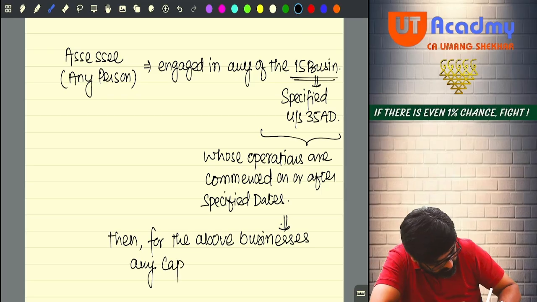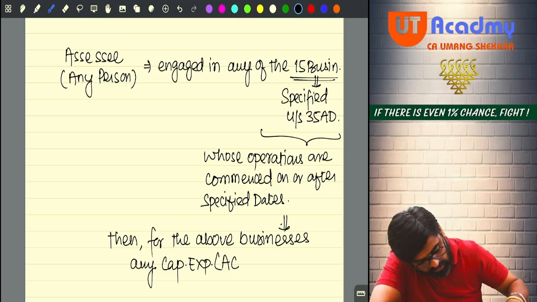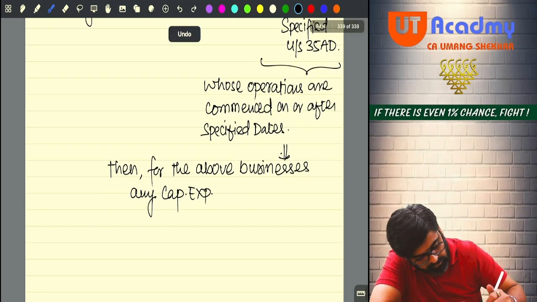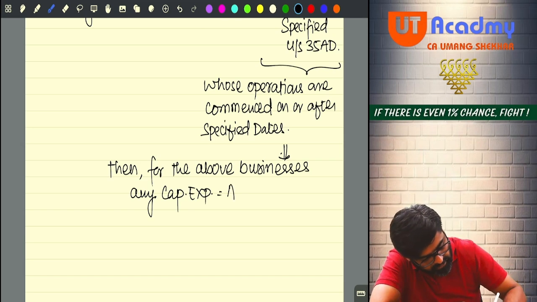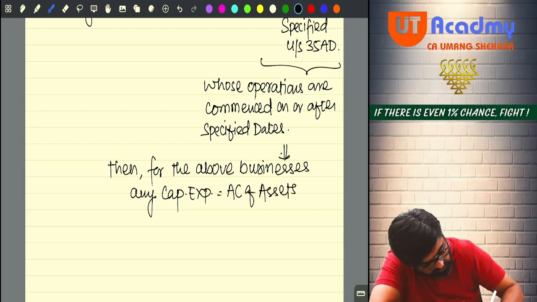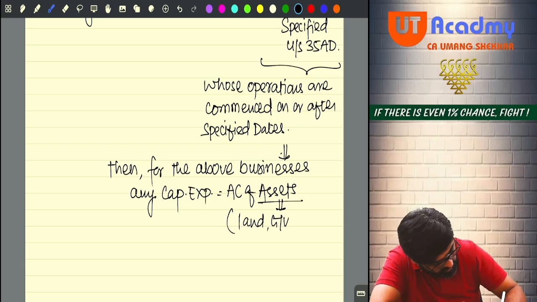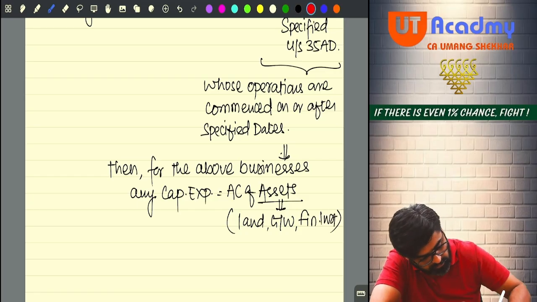any capital expenditure, meaning actual cost of assets. Yes or no? Capital expenditure means what? Asset bought. Actual cost of asset. Which assets? Any asset other than land, goodwill or financial instruments.